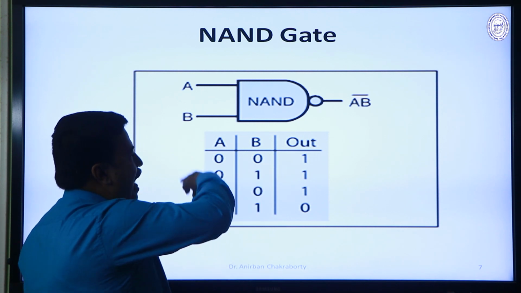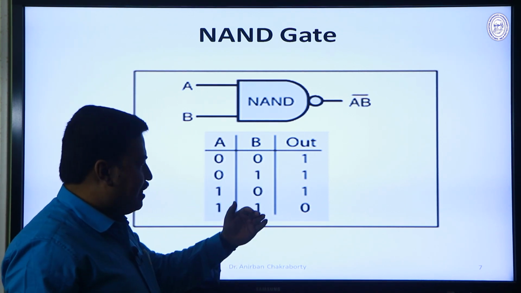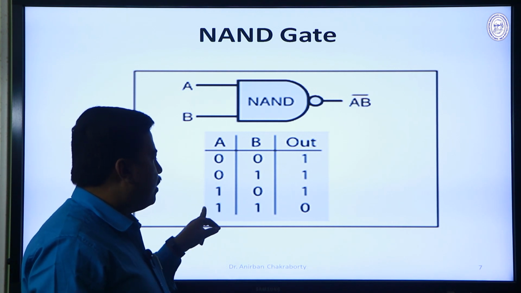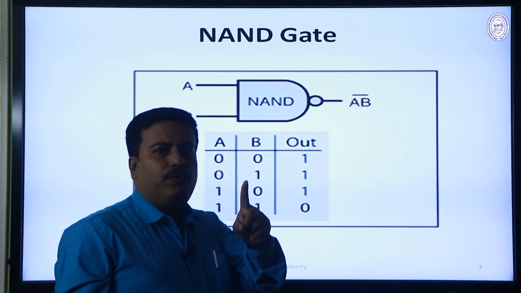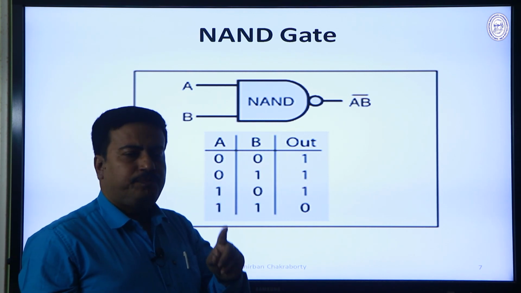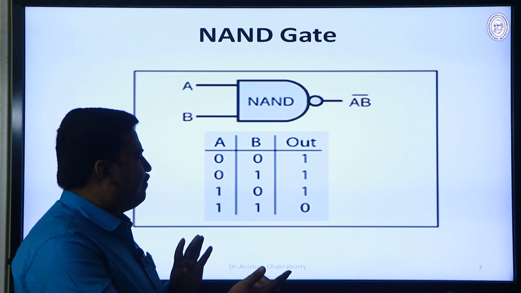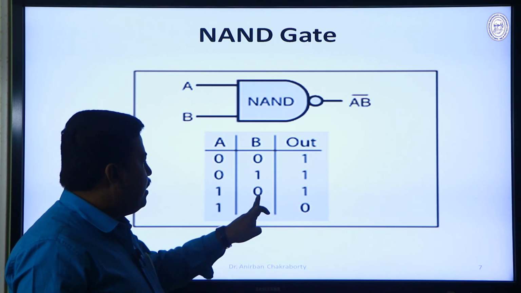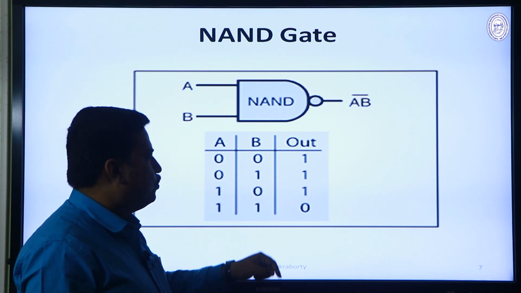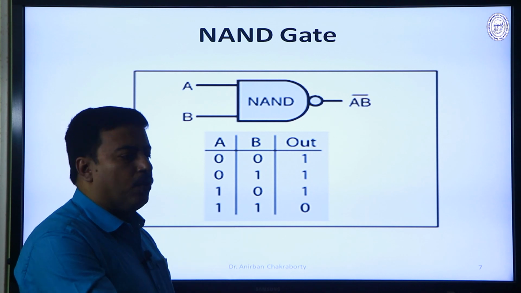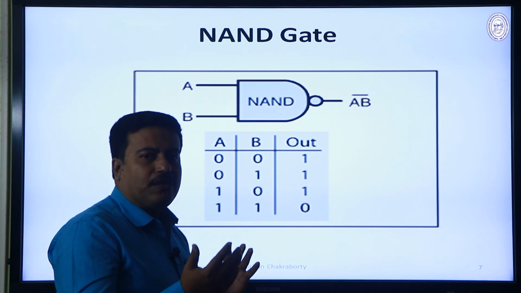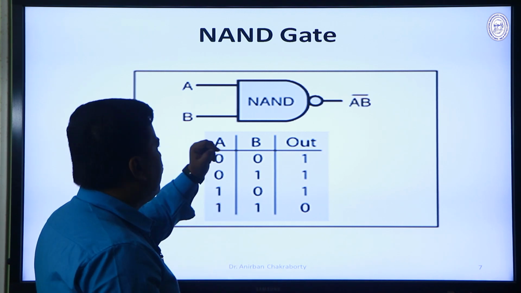In the AND gate I told you that when all the inputs are 1, then only you get 1 at the output. Here it is just reverse: when all the inputs of the gate are at 1, then only at the output you will get 0. It works just opposite to the AND gate.